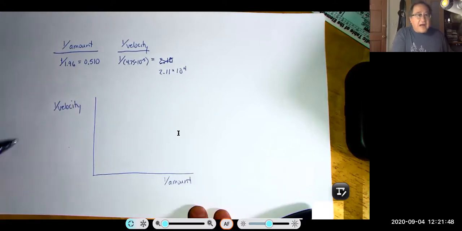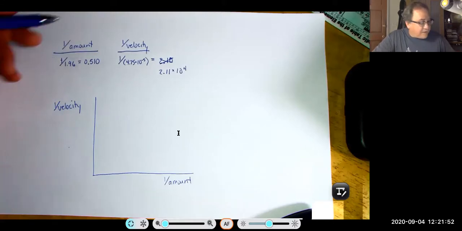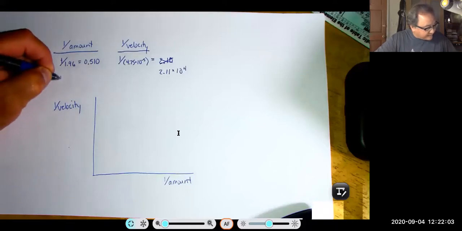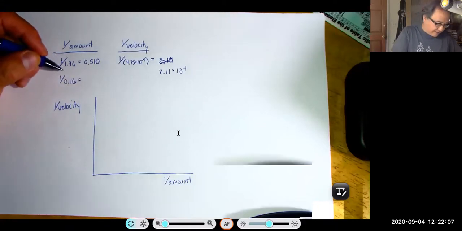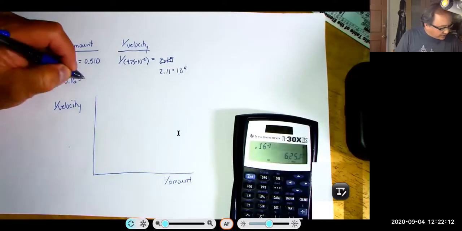I can tell by looking at these numbers that this 0.51 is going to be on the smaller side. If we look at the 0.16 and see what that comes out to be, that's going to be 6.25.